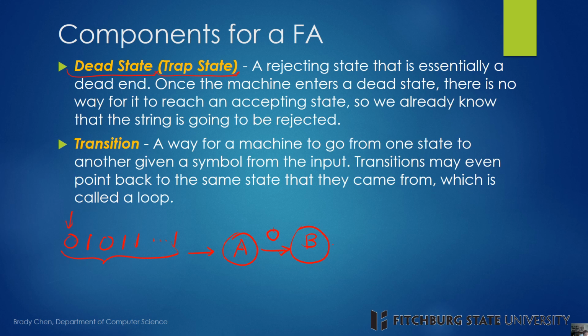Based on the rule, we're going to move to another state C. And the next one is 0, then we move to D. Okay. Now the next input is 1 again.